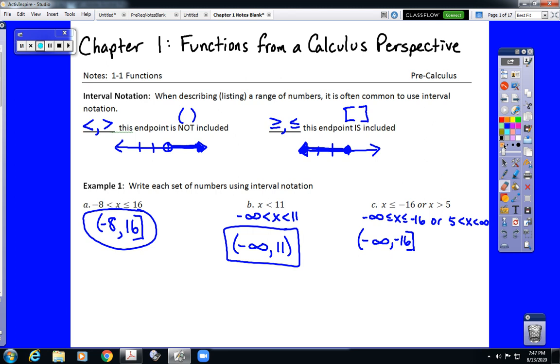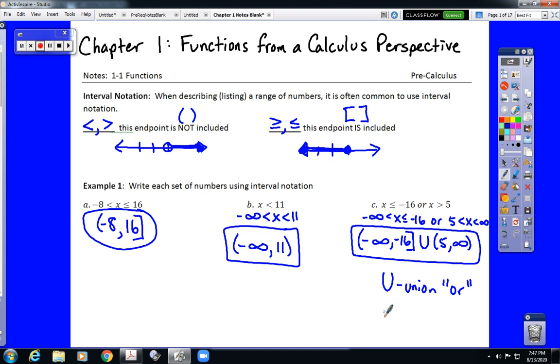Actually, now that I look at it, there should not be a line here. Okay, and then we use the or symbol. Nope, that's the and symbol, sorry. The or symbol, and then we launch the other interval, which is 5 to infinity. Just a quick note, this is the symbol for union, which is the word or. This is the symbol for intersection, which is the word and.